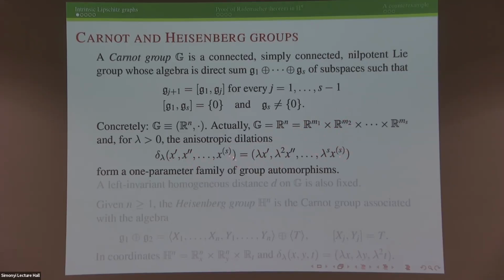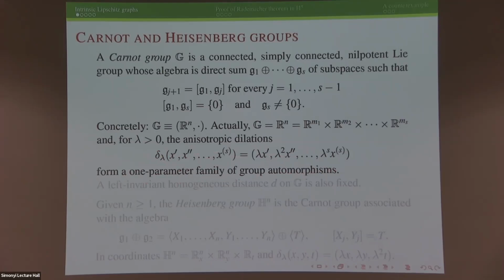Those in the last layer, the s-th layer, are scaled by lambda to the power s. And it's pretty easy to recognize that these dilations are a one-parameter family of group automorphisms. So somehow they commute with the group law. If you dilate a product, you get the product of the dilated elements.